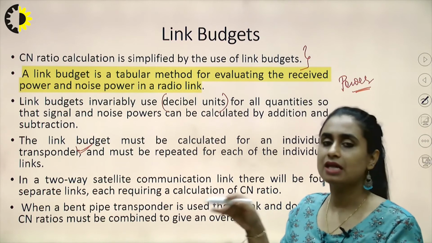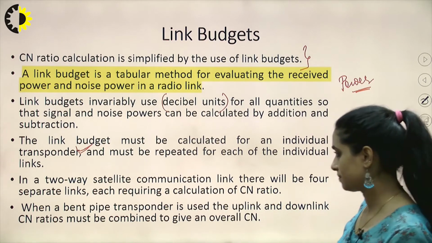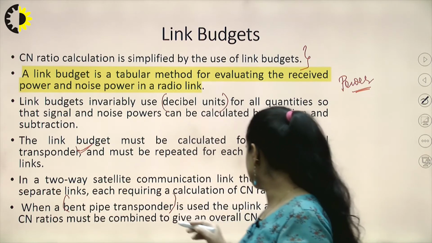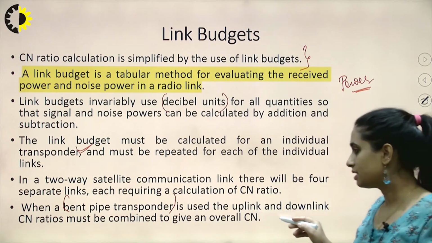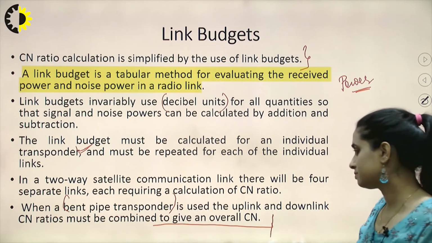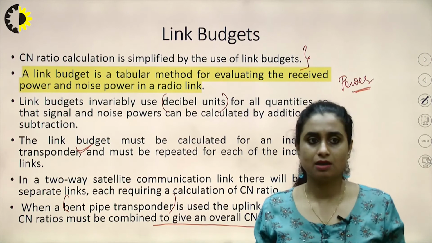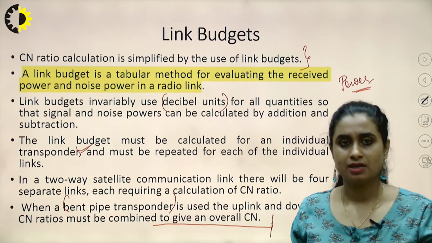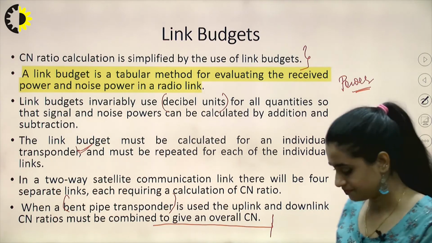And finally we calculate the overall link budget. When a bent pipe transponder is used, the uplink and downlink C/N ratio must be combined to give an overall value. About the bent pipe transponder, we have discussed it in our subsystems unit, right?